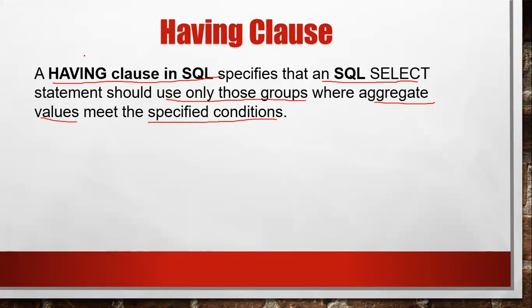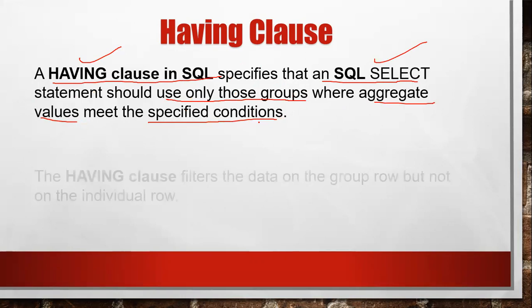Obviously, due to the group by clause many groups are created, but the having clause indicates to SQL to use only those groups which satisfy the specified condition. So the groups are created by the group by clause, but only those groups which satisfy the condition mentioned in the having clause are included in the result.